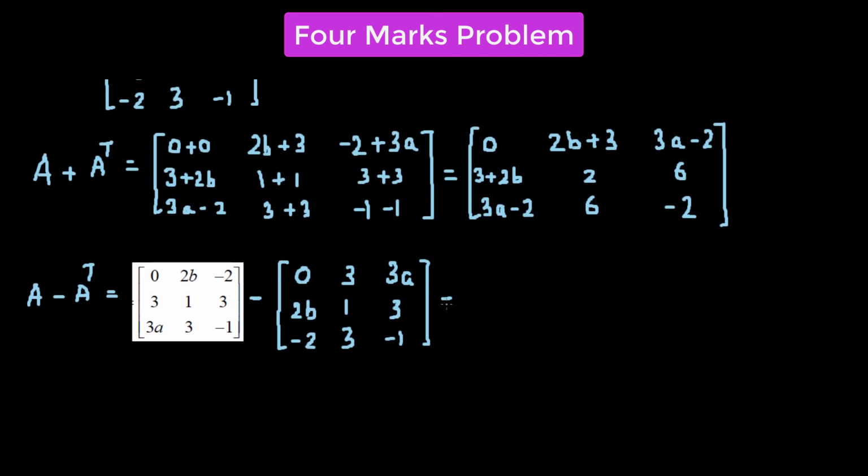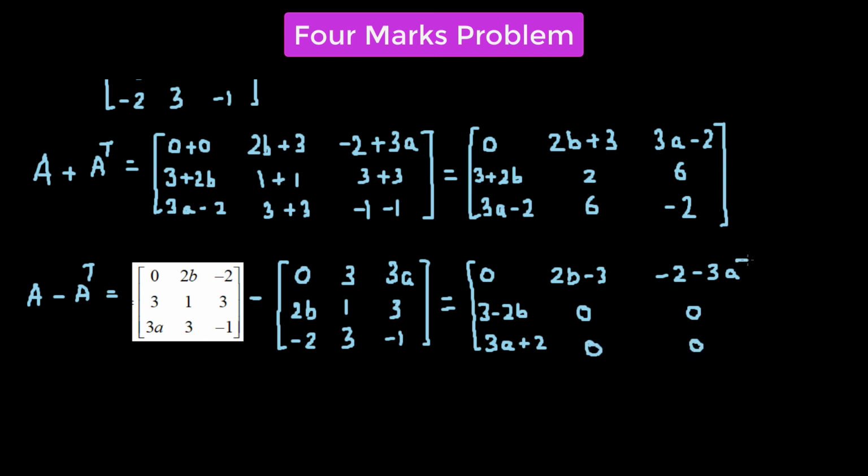So this is going to be 0 minus 0 is 0, 2b minus 3, then negative 2 minus 3a, 3 minus 2b, 1 minus 1 is 0, 3 minus 3 is 0, 3a minus of minus 2, this is going to be 3a plus 2. This is simply 3a plus 2, 3 minus 3 is 0, and negative 1, positive 1 makes it a 0. So we have this skew-symmetric part as well.